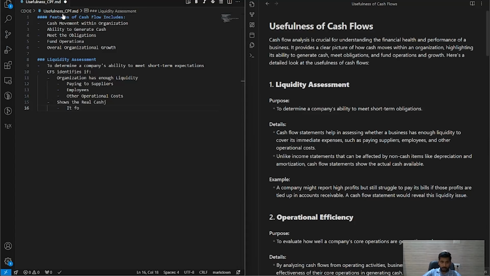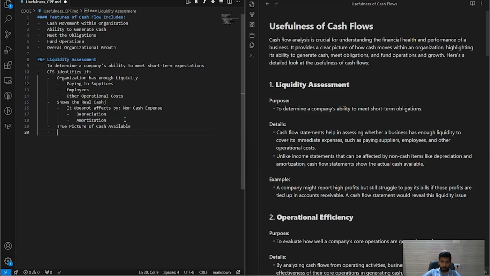Because it does not get affected by depreciation or amortization, which is a non-cash expense. So basically it shows the true picture of cash available.